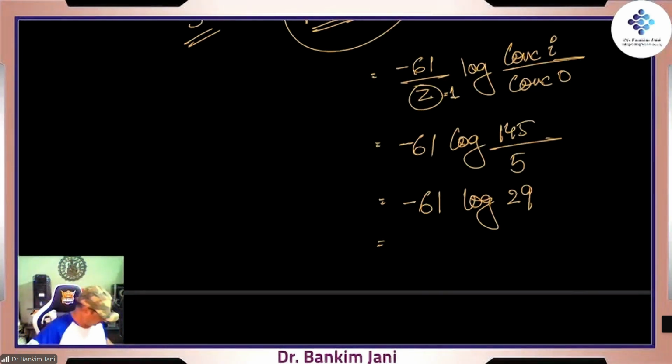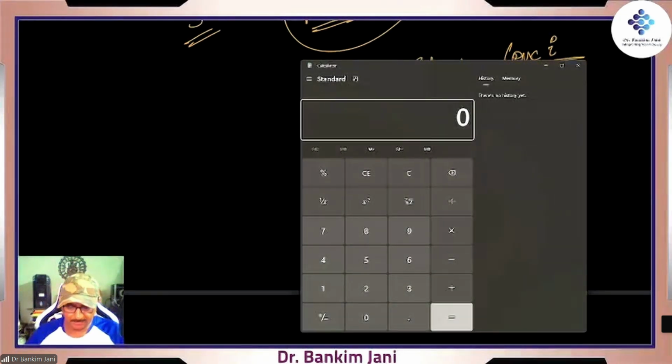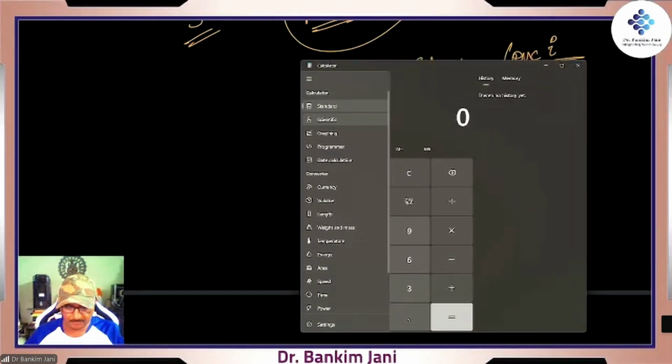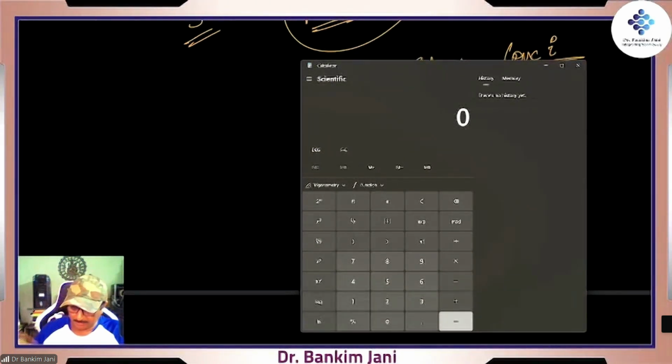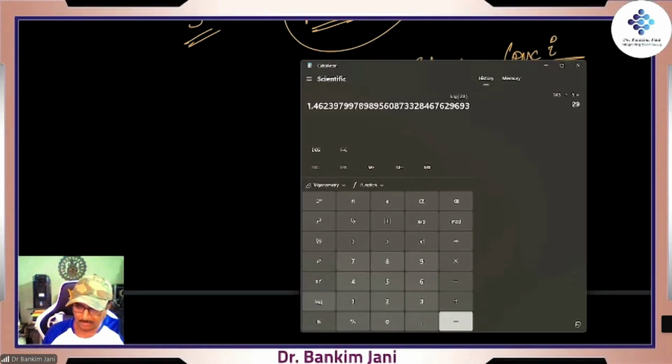Guys have already started giving the answer. Here is a calculator. We just put it into the scientific mode. And in this, we say 145 divided by 5. So this is 29, and we need to take the log of it. The log of it is 1.462.